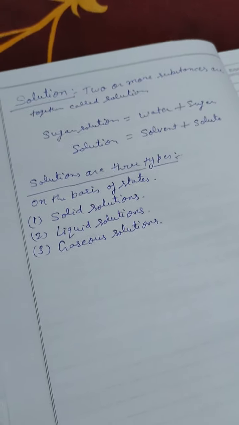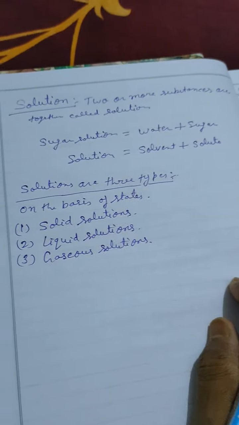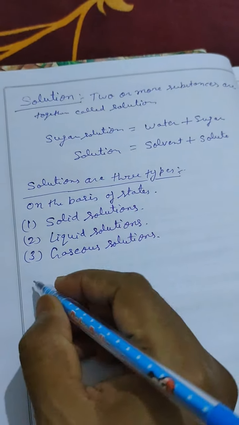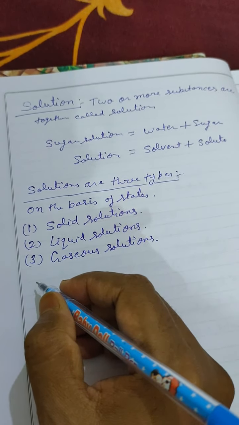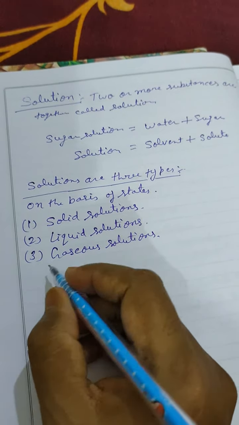In the NCERT book or other books, a total of 9 types of solution are given on the basis of solute and solvent. These are the main 3 types.